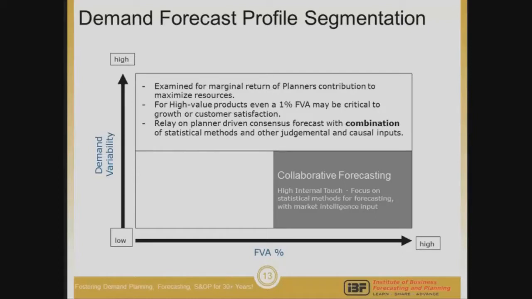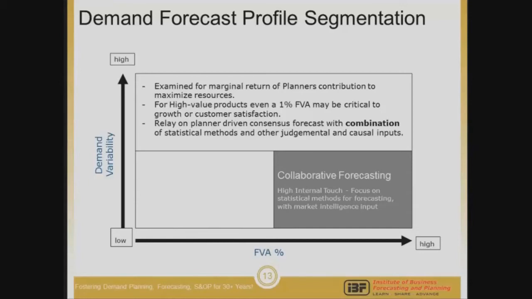It's collaboration, where we know the trade-off between the statistical modeling from the systems, the judgmental input from marketing, and the art of the demand planner, who has to put these different pieces into the soup and stir it to get an accurate forecast, because through that process we found out they're adding value.